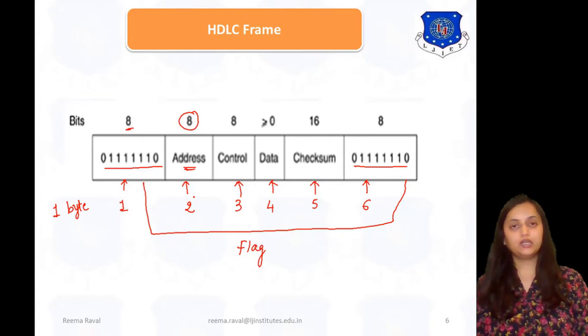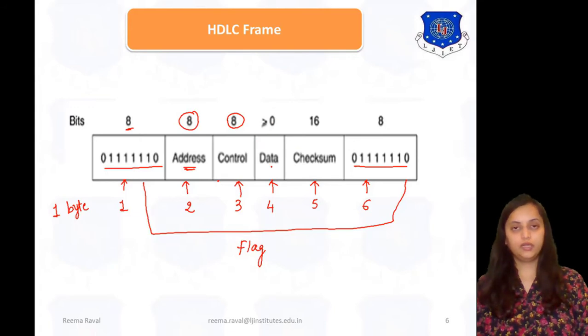And if it is sent by the secondary station, it contains the address of the primary station. The address field may be from 1 byte to several bytes, but here the standard is 1 byte, that means 8 bits. Now the next field is the control field, which is again 8 bits, that means 1 byte. It is for flow control and error control mechanism.